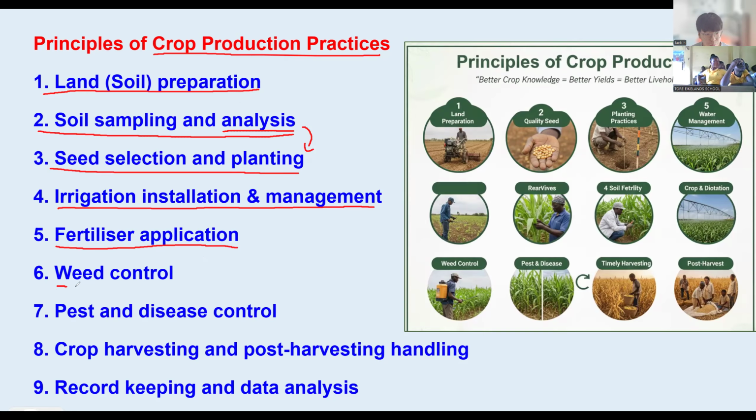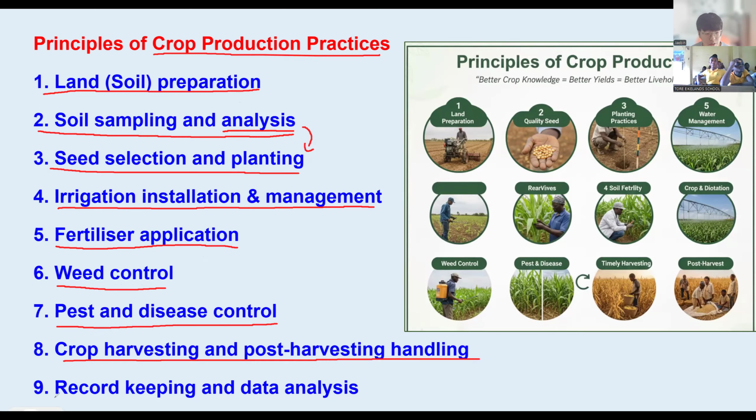The farmers do weed control. They pick out the unnecessary weeds, and there are pest and disease control, crop harvesting, and post-harvest handling.